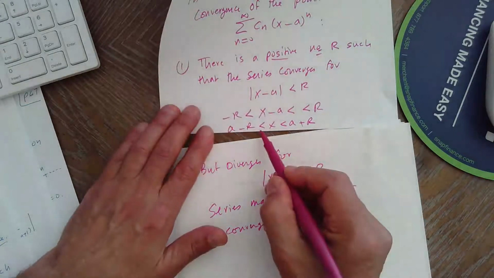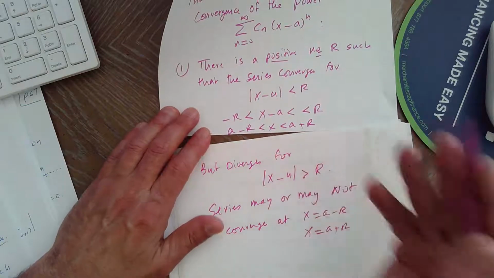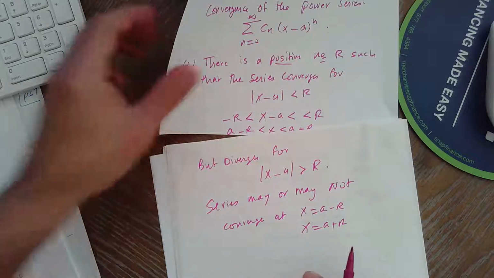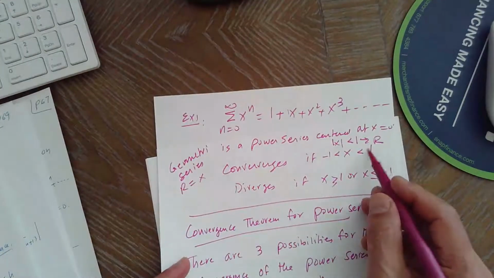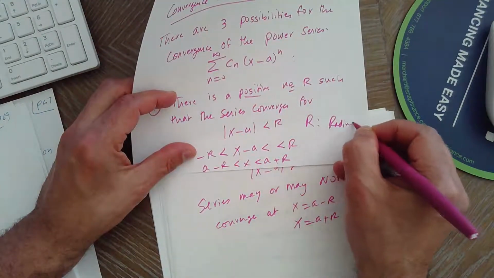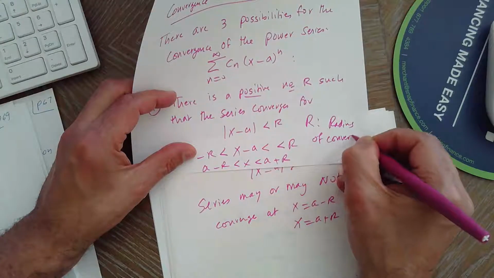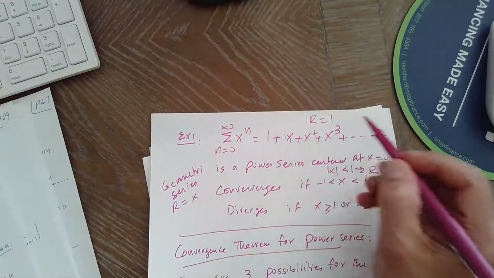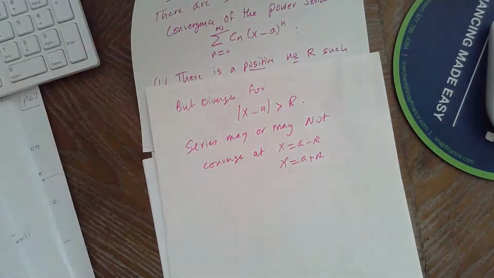So this could be less or equal, or it doesn't have to, okay? So this is a possibility which we have an example right there. And in this case, r is called the radius of convergence, and in the example above, r is 1. Okay, the radius of convergence is 1, and the center is 0. So that's the first case scenario.